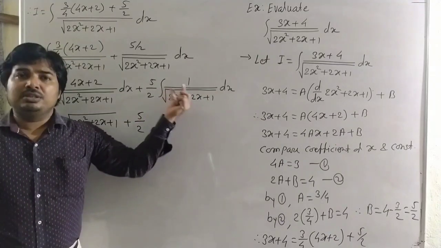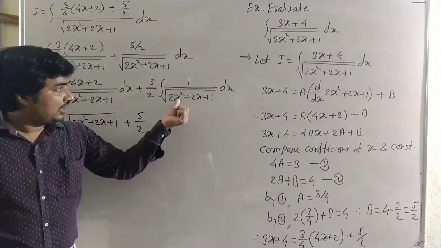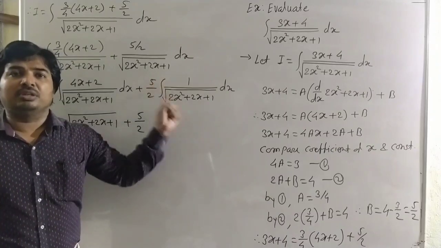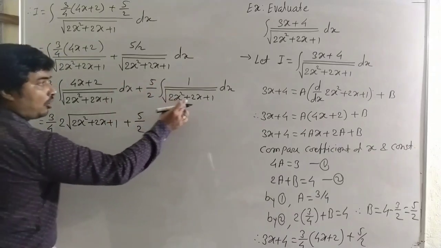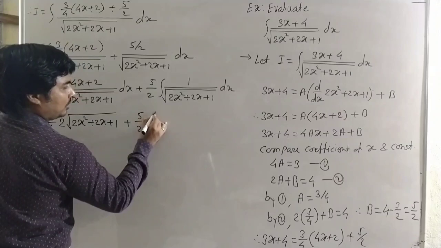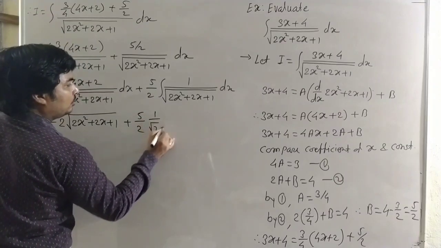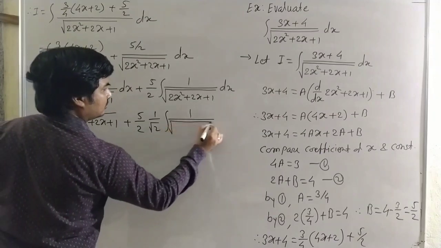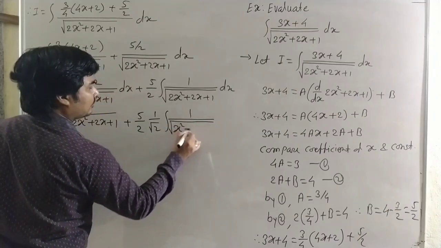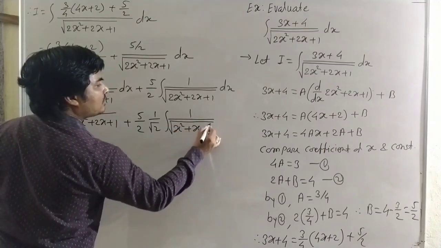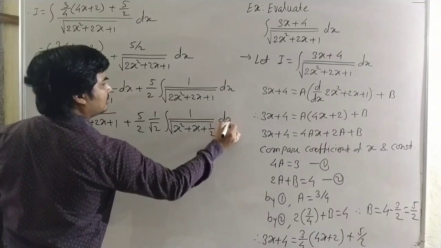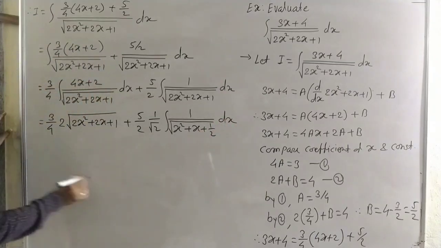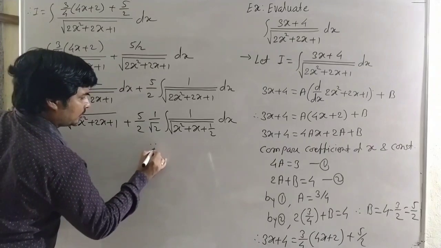For completing the square, first take the coefficient of x square, it is 2, so we can take common under root 2. So it is under root 2 into integral of 1 upon x square plus x plus 1/2 dx.